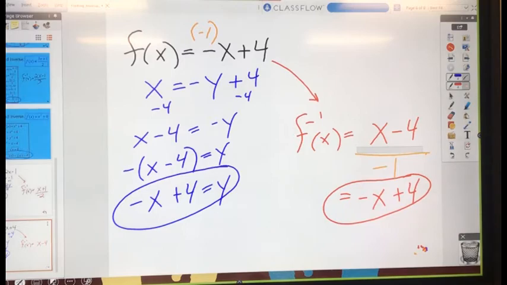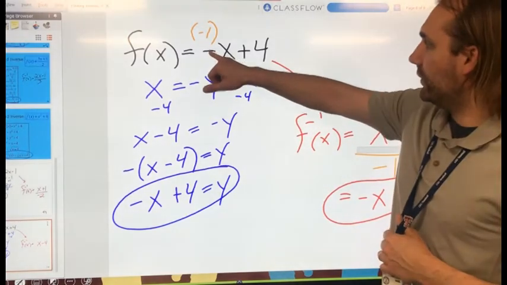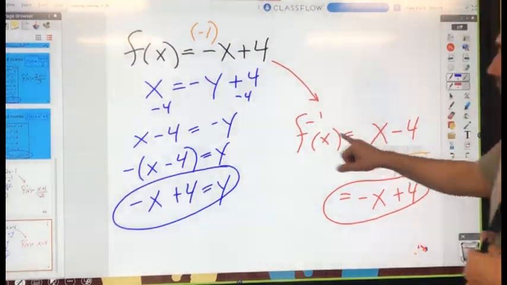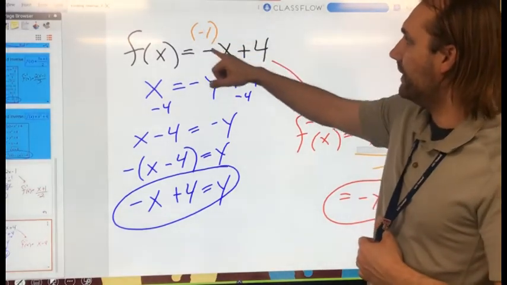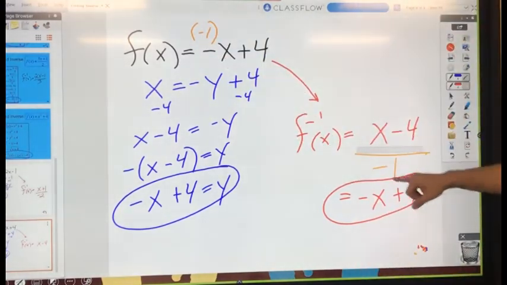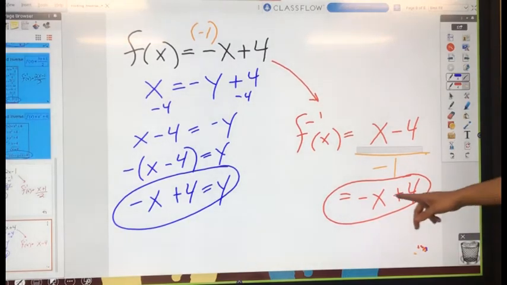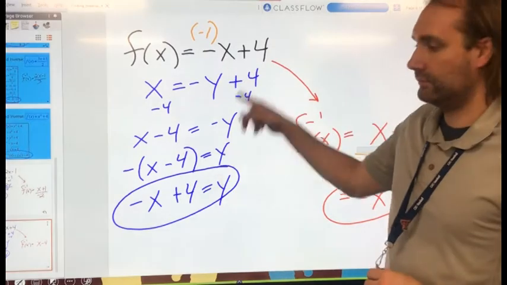Again, you're not going to flip the sign to positive. What you're doing is, this is a negative 1 being multiplied. You're going to divide by that negative 1. So again, it keeps it negative, and then it actually happens to turn that back into a positive. So yeah, linear functions could be inverses of themselves.